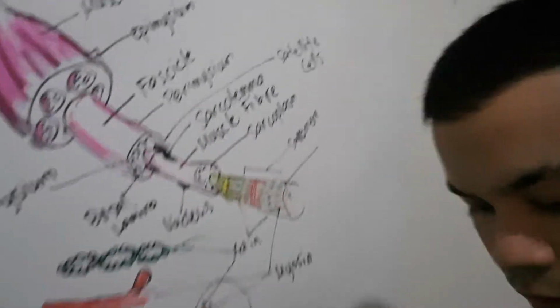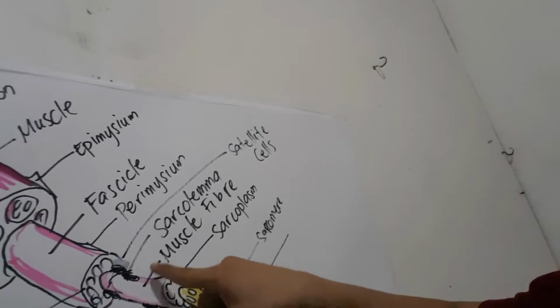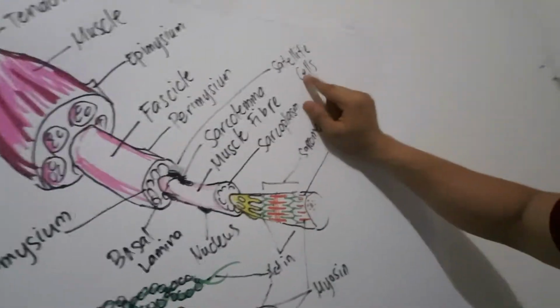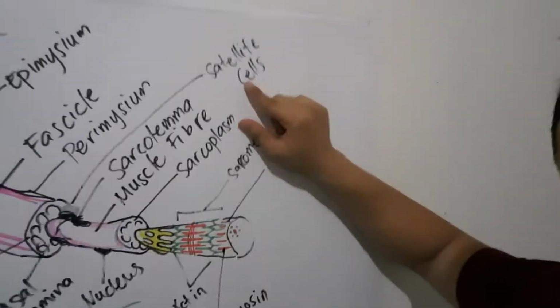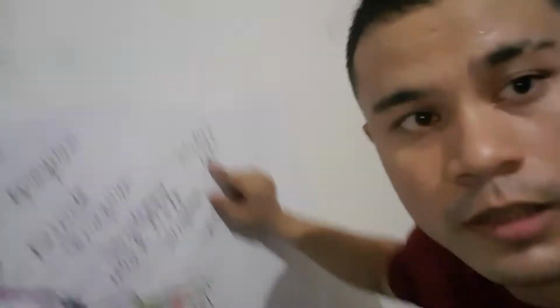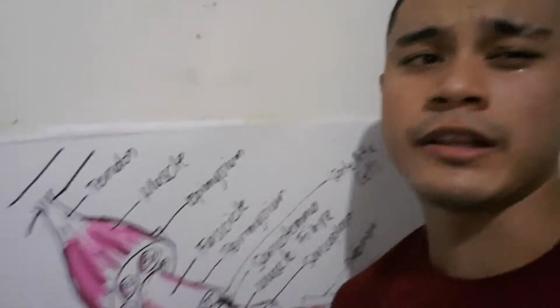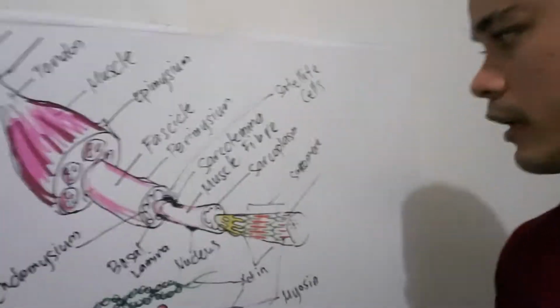Okay, let's continue. In the muscle fiber, there's a structure called the basal lamina that contains the satellite cells. Remember this because it is important in my next part, part 2, which is muscle damage and repair.